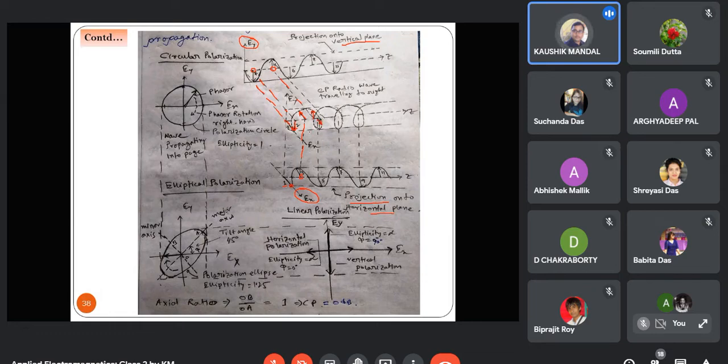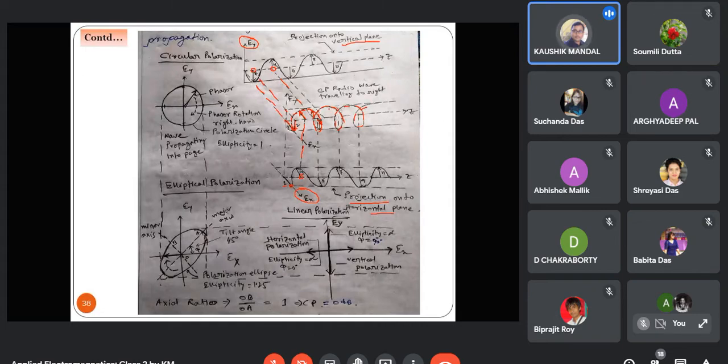That means if you consider the superposition of these two vectors, the electric field vector is basically rotating in that fashion. One animation is also included in this presentation that I will show in some next slide. Then it will be more clear. But this is the procedure for how we can draw the projection of the two components of the electric field vector to trace its tip.